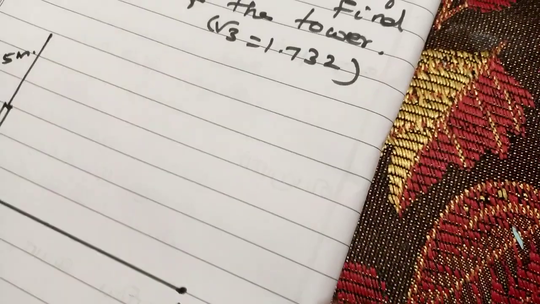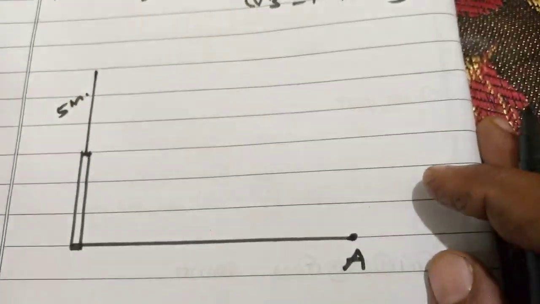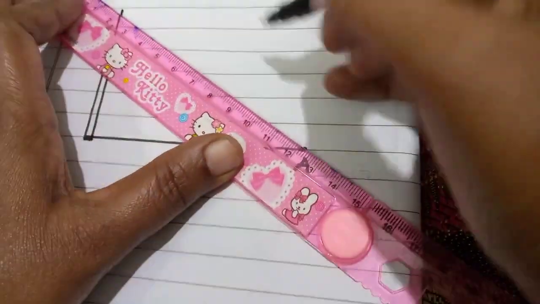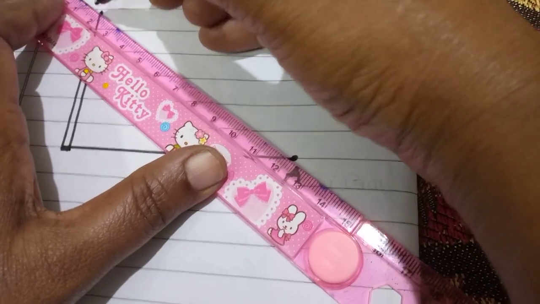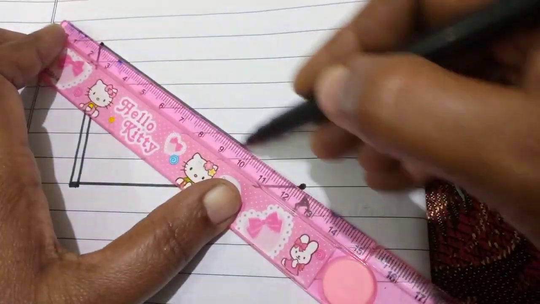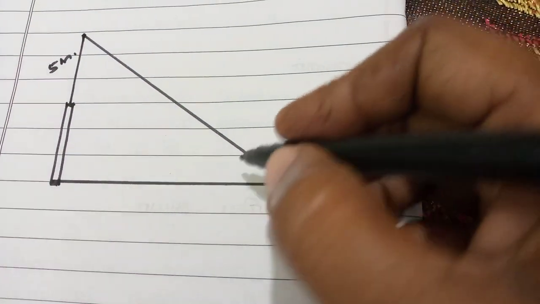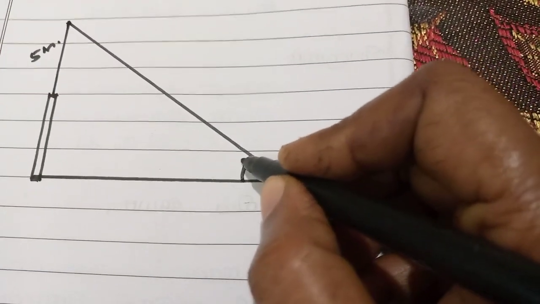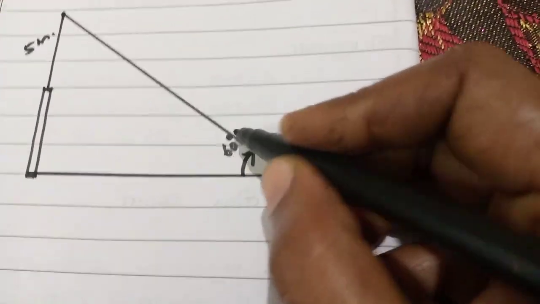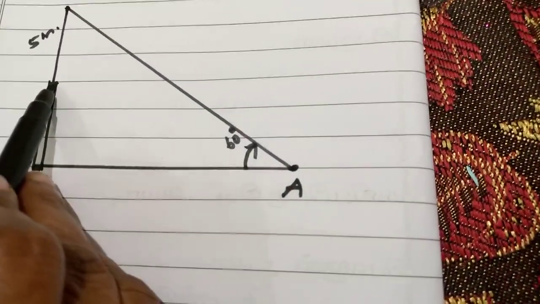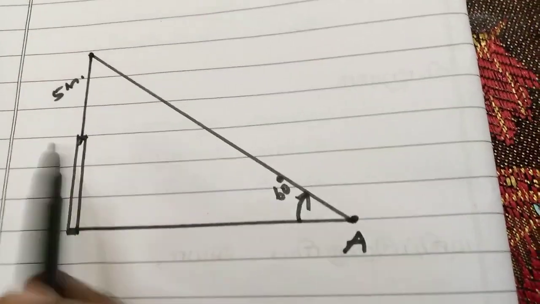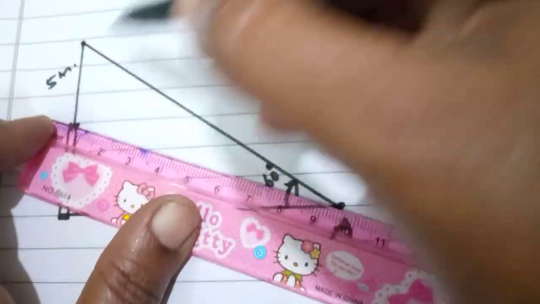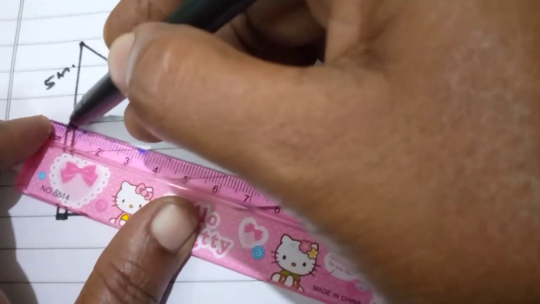So angle of elevation and angle of depression are given from the top of the pole and the top of the tower. This is the top of the pole. Angle of elevation is given as 60 degree. As well as this is the top of the tower, so the angle of depression of the top of the tower is given as 45 degree.